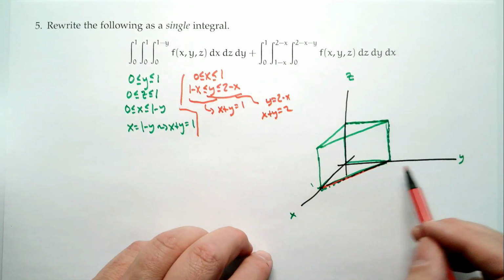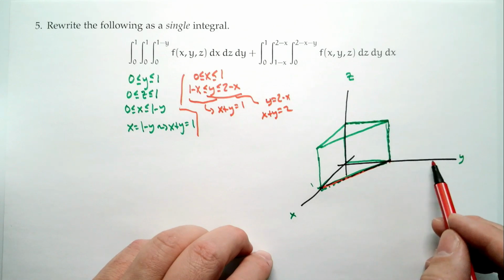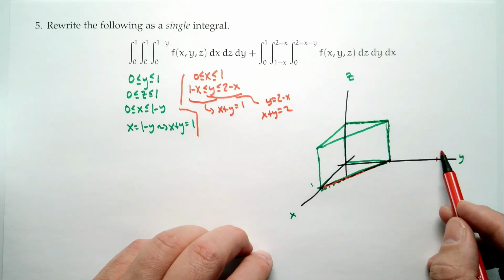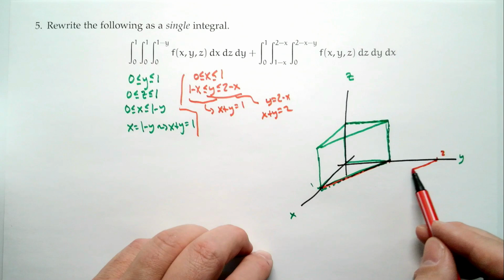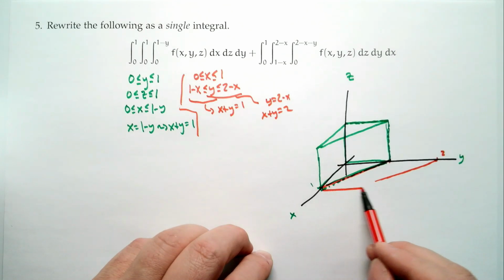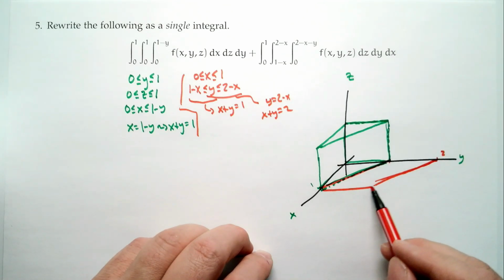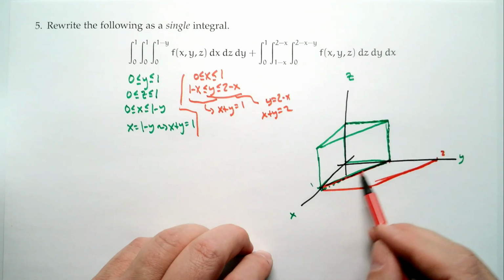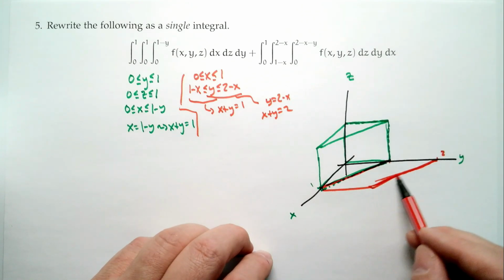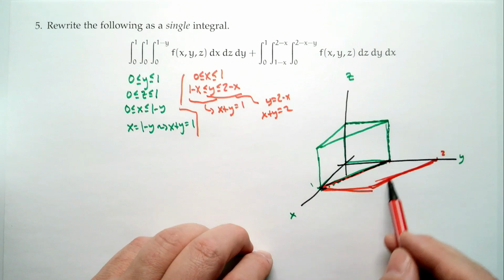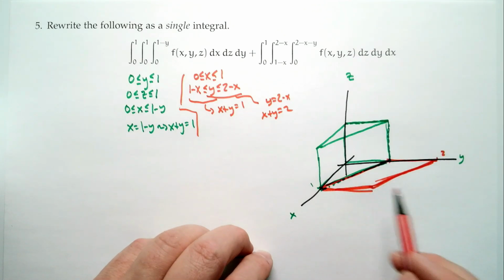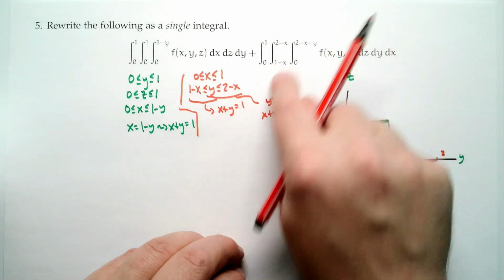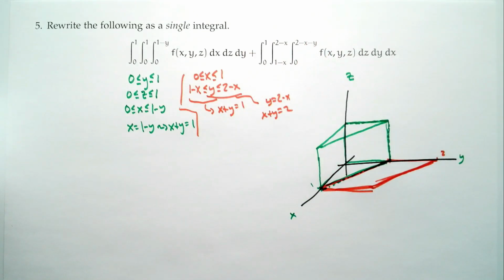So x plus y equals 2 is similar, but instead of starting here at 1, it comes out here to 2. And then we just run parallel. So here we are. We're going parallel line. X plus y equals 1. X plus y equals 2. We're only x going between 0 and 1. So there's our two-dimensional region from our two outer layers.